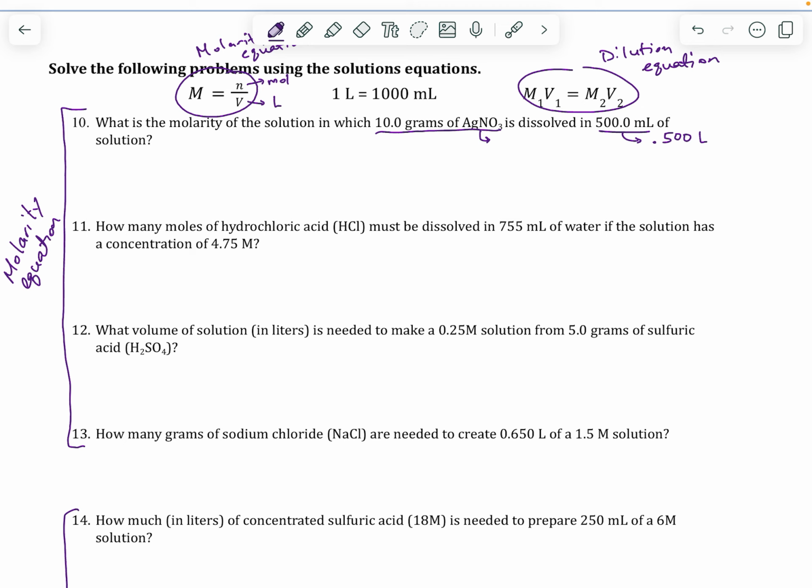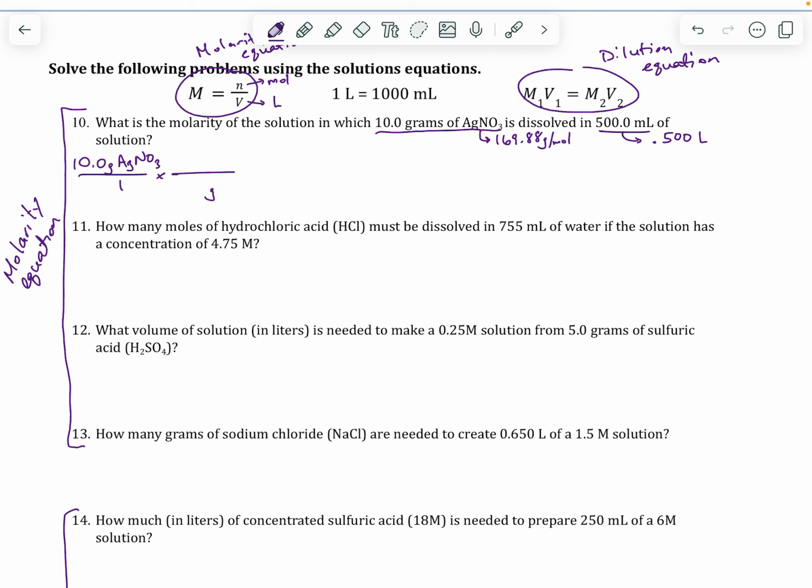We have 1 silver, 1 nitrogen, and 3 oxygen here. We're going to add them together, and we get 169.88 grams per mole. Remember, that is the unit of molar mass, which is what allows us to use it as a conversion. So 10 grams of silver nitrate, we could say over 1.